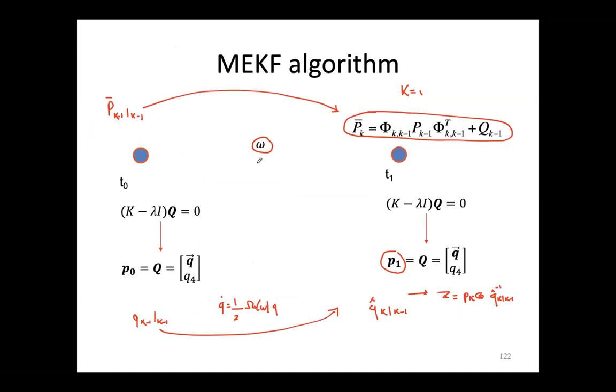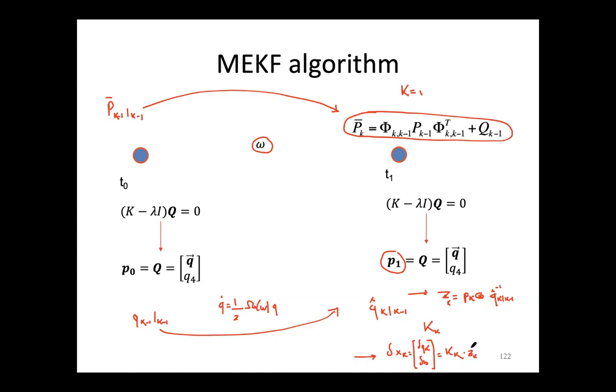So once you have your innovation zk and your normal equations, which are a function of the a priori matrix, you are able to determine the correction in your state, given by a correction of the quaternion qk and the bias of the gyroscope, equal to Kk times the innovation.